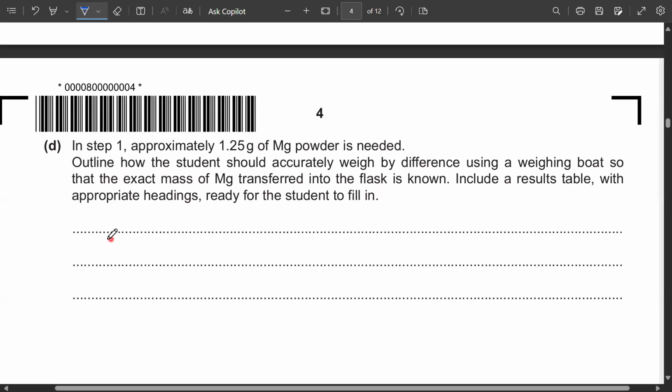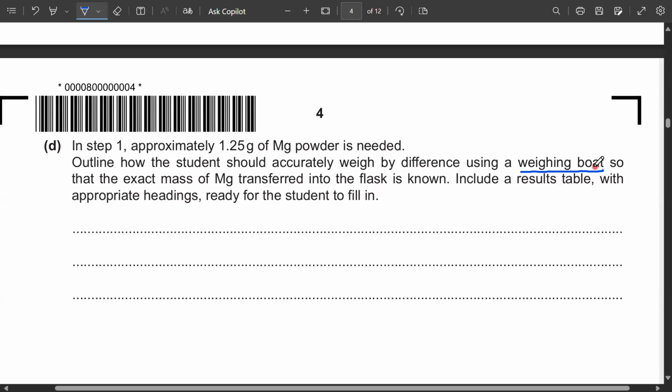So what would you write? And do you know what this weighing boat is? I think it's just a way of measuring the mass. Yes, it's a glassware, and this glassware is designed in such a way it looks more like a boat, and the apparatus can easily be set on the weighing machine.